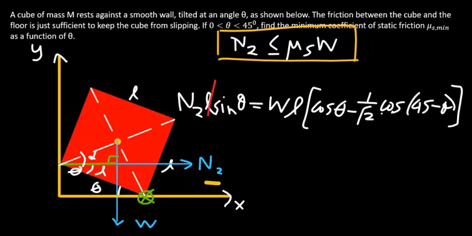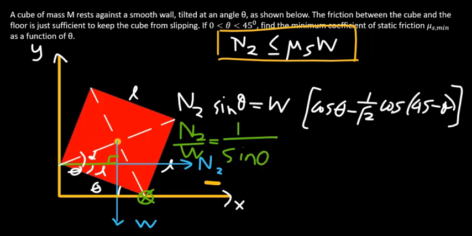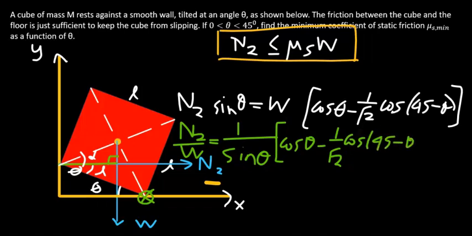The l will get cancelled, and you can write the ratio of N2 over the weight as 1 over sine theta times cosine theta minus 1 over square root 2 cosine 45 minus theta.